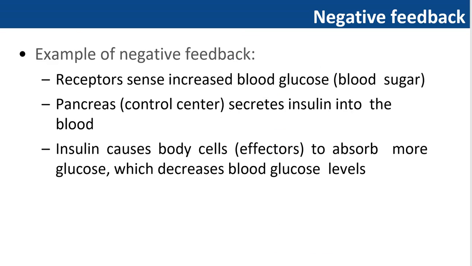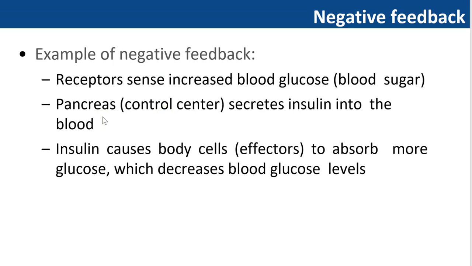The other example of a negative feedback mechanism is the control of blood glucose by the endocrine system. The receptors in our body sense the increased blood glucose, or blood sugar. Then the receptors send the information to the control center, which in this scenario is the pancreas, one of the endocrine system organs.